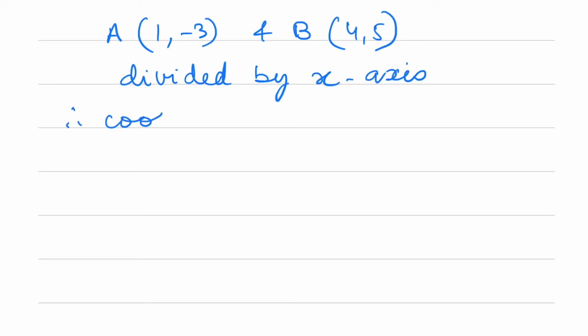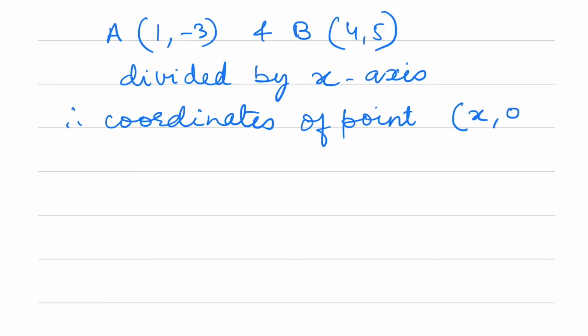Therefore, the coordinates of the point which divides the line AB will be (x, 0). The y coordinate will be 0 because it is divided by the x-axis. And we have to find the ratio. So let the ratio be k is to 1.